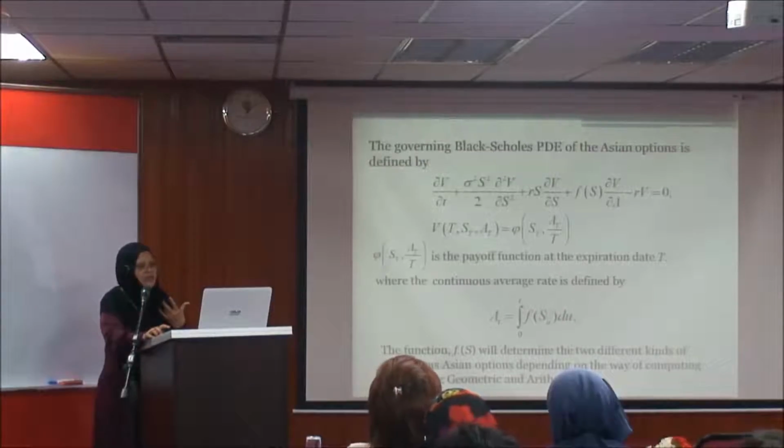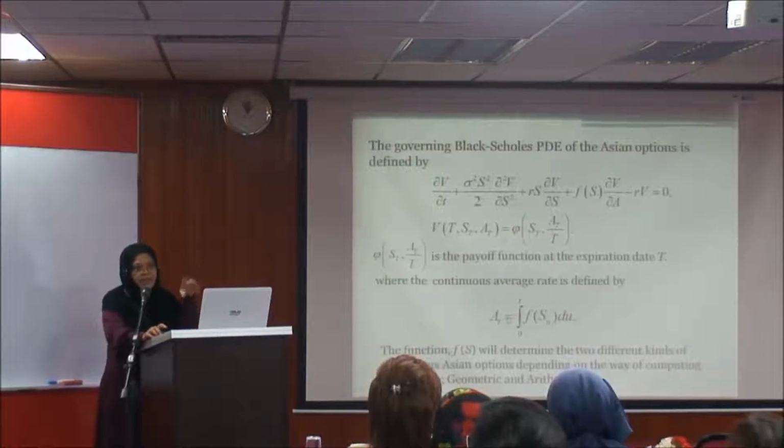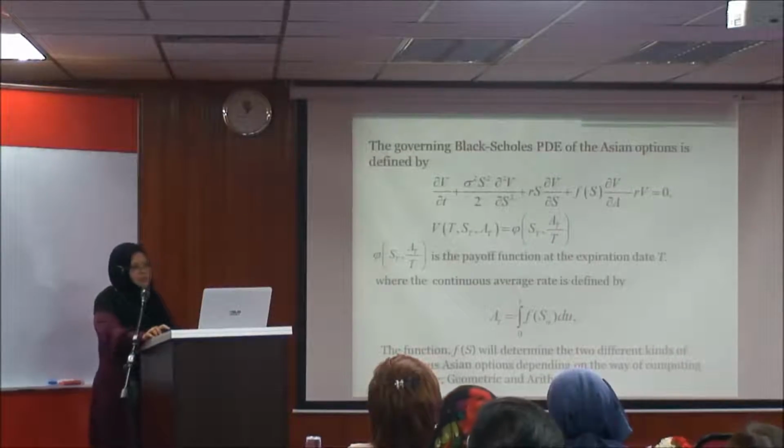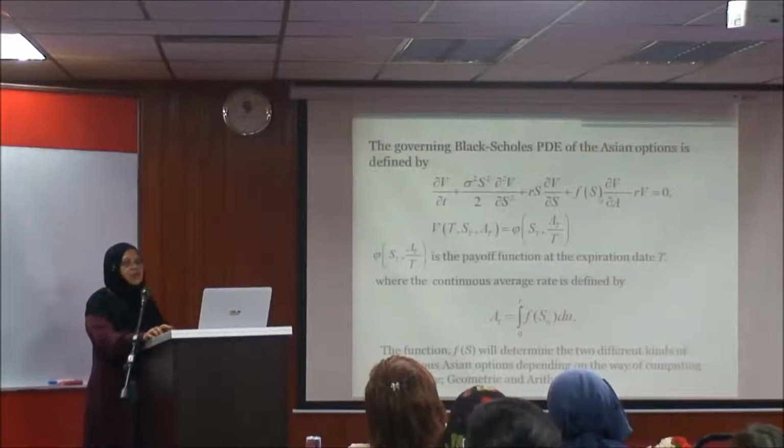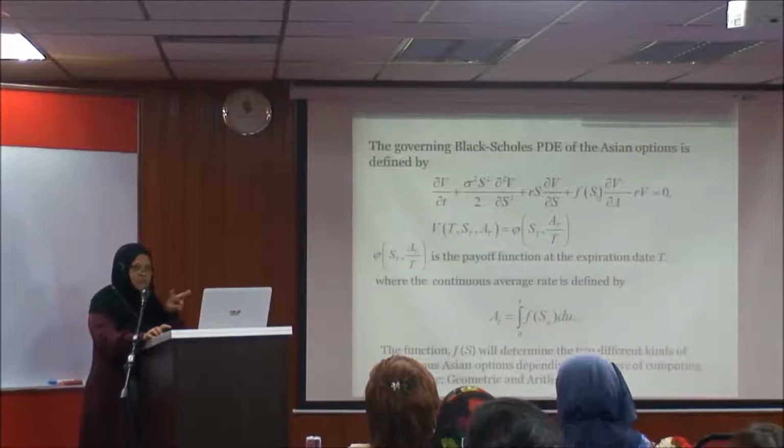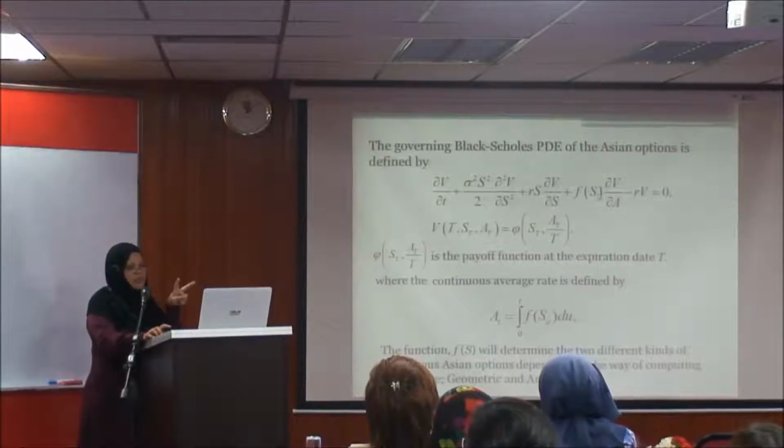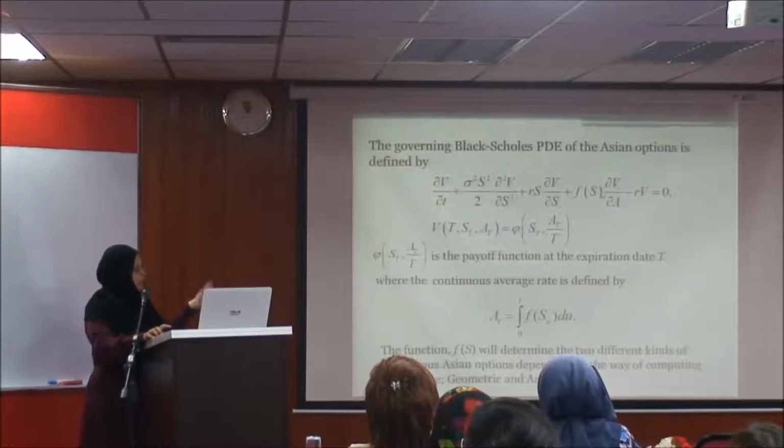As you can see, the f of s here is not yet being represented by any function, because this f of s is going to determine the 2 different kinds of Asian option, whether it is geometric or arithmetic.